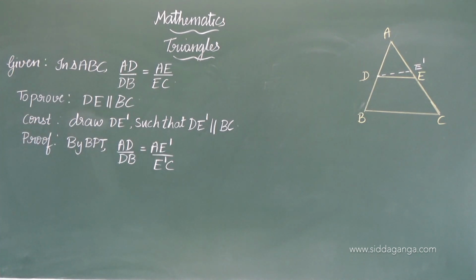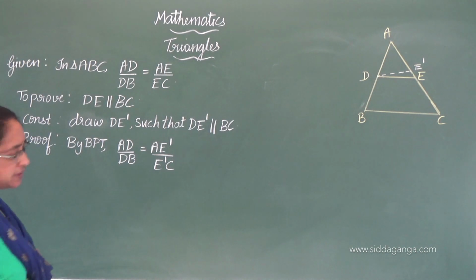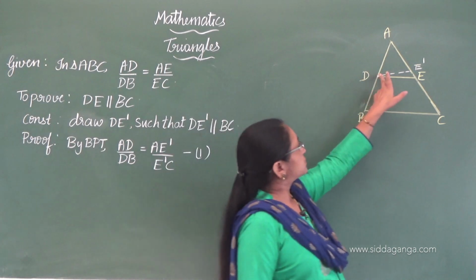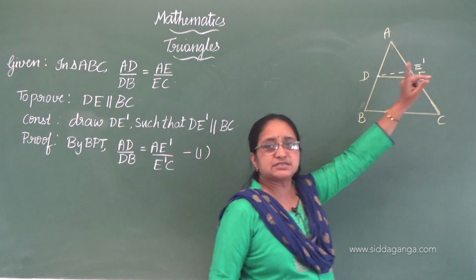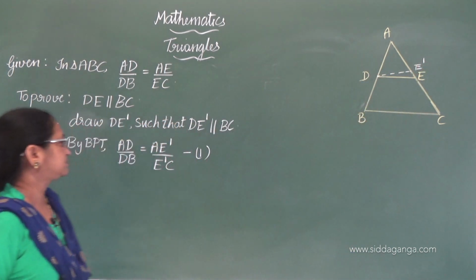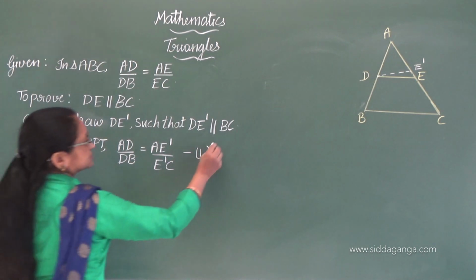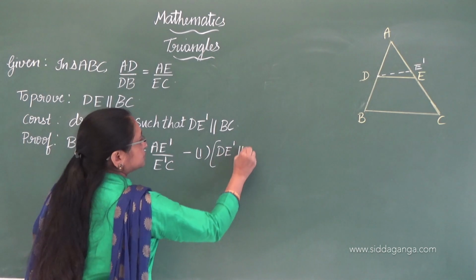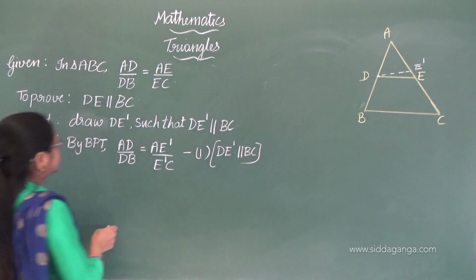This will be the first result, because we have taken DE dash as parallel to BC.